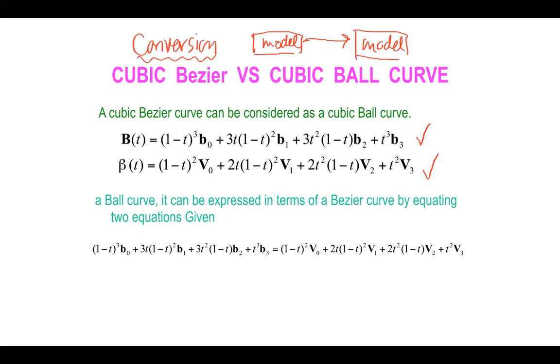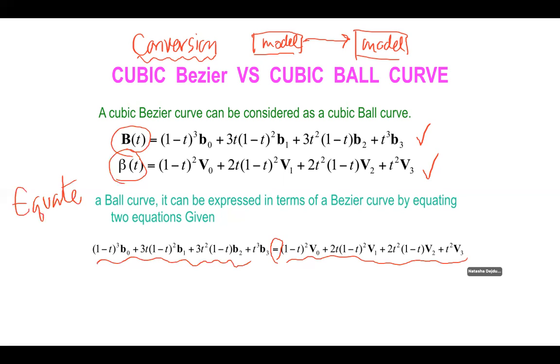Because we want to convert from one model to another, we make them equal. This one is the Bezier curve, and this one is the cubic ball curve.